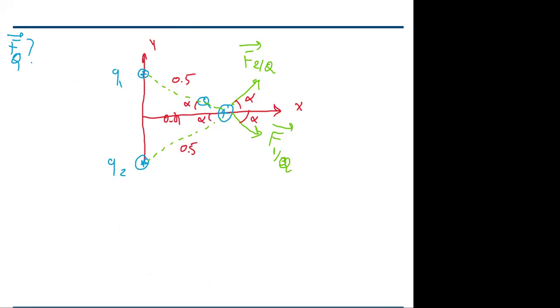According to the superposition principle, the total force exerted on capital Q is the vector sum of the two forces.